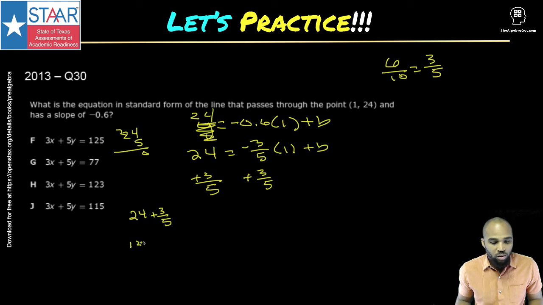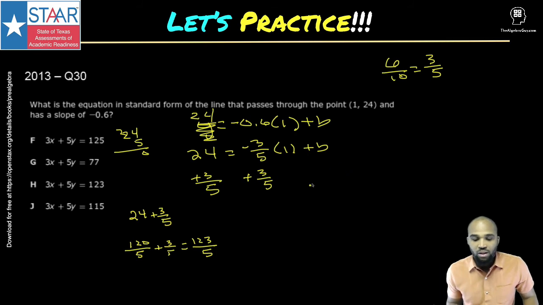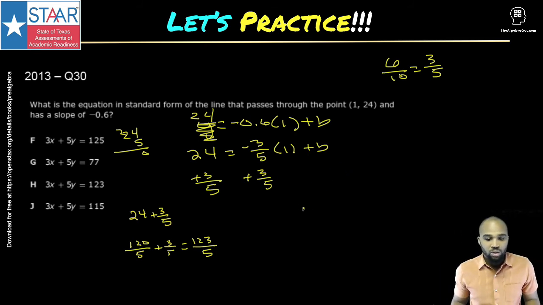So this is 120 over 5 plus 3 over 5 is 123 over 5. So that's my b. Ugh. That's not a fun looking y-intercept, but it looks like that's what it is. So I have what I need. I have my slope. y equals my slope of -3/5 x, and I have a funky looking y-intercept of 123 over 5.